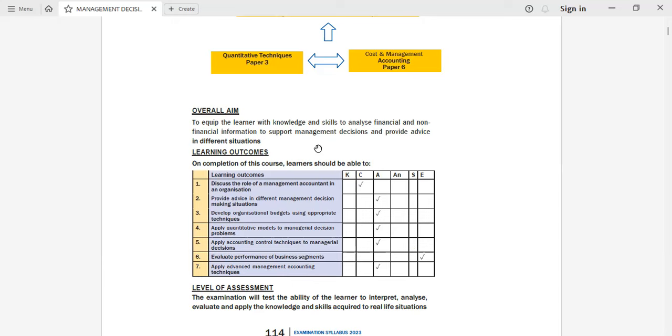So these organizations only hire one accountant, and it will be that one to do all the 3 roles in an organization.